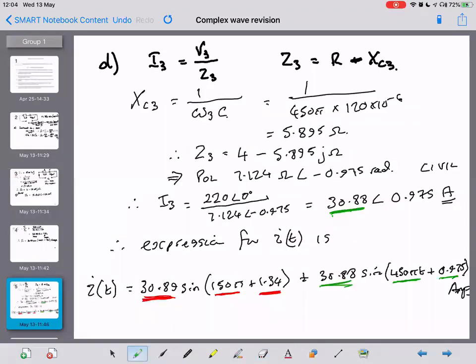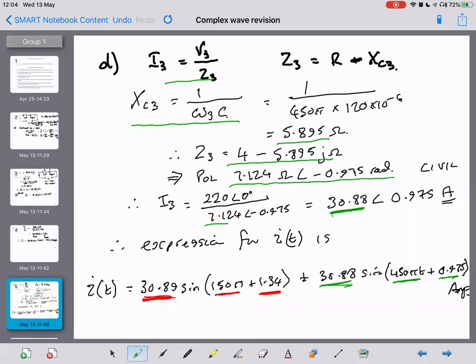I'll just go through that again. What we've done for the third harmonic current is it's equal to the third harmonic voltage divided by the third harmonic impedance. We've had to calculate the reactance of the capacitor at the third harmonic, 5.895 ohms, to calculate a new total impedance in polar form of 7.124.